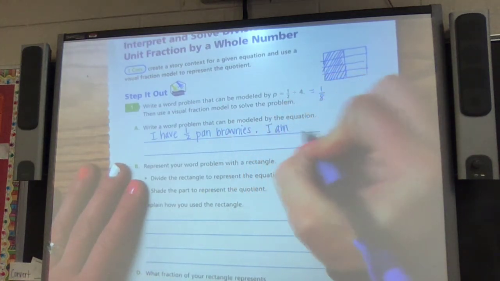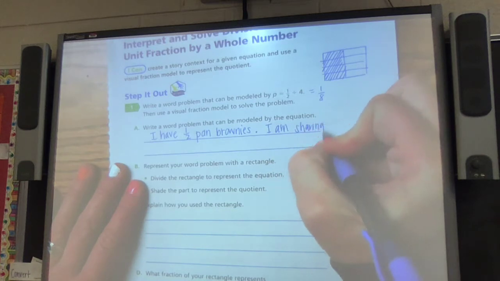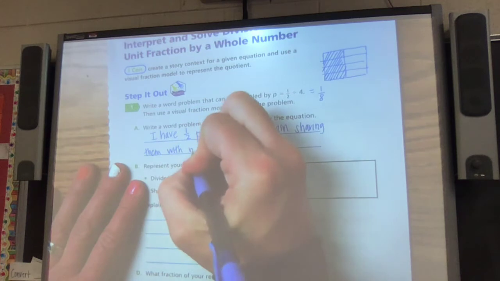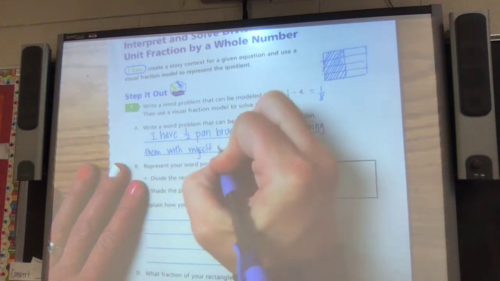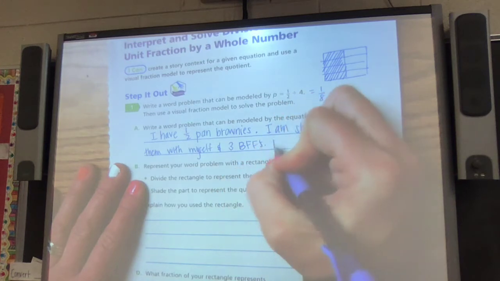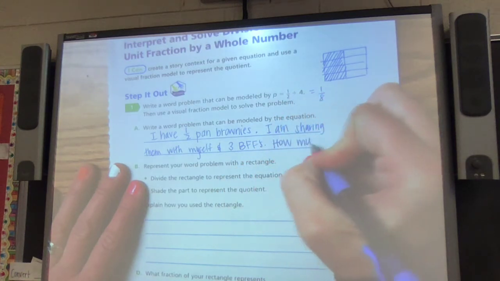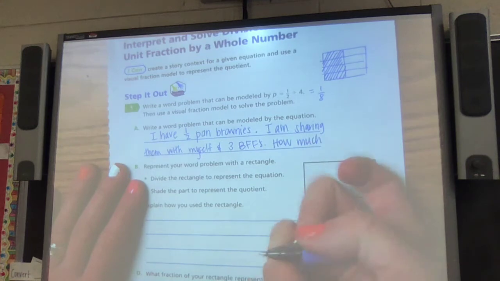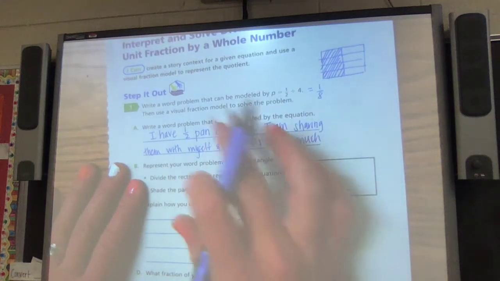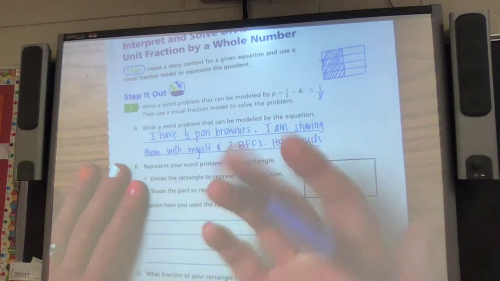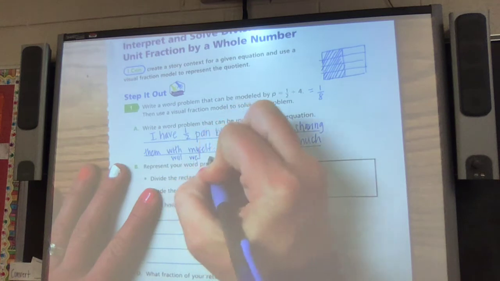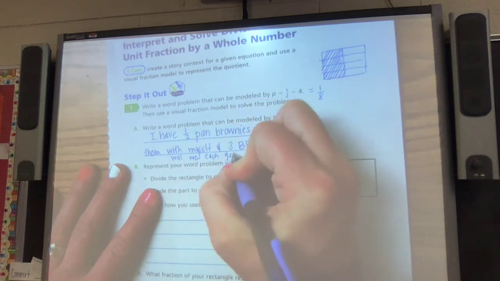I am sharing them, so that helps me know I'm dividing, with myself and 3 BFFs. How much will we each get? So make sure you actually ask the question. When we've been doing this, y'all are writing your sentences, but you don't ask anything. How much will we each get?